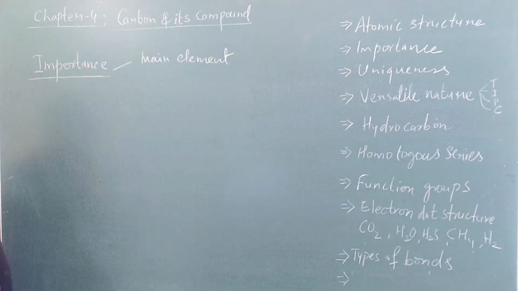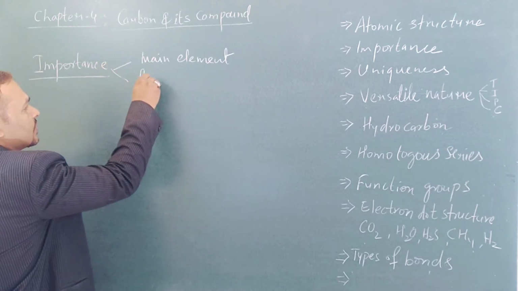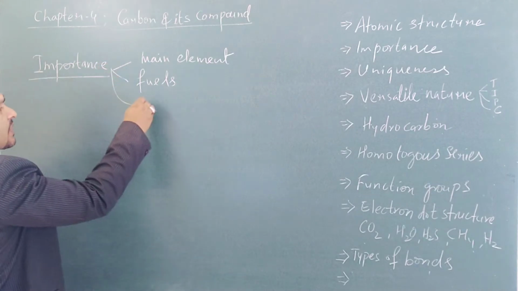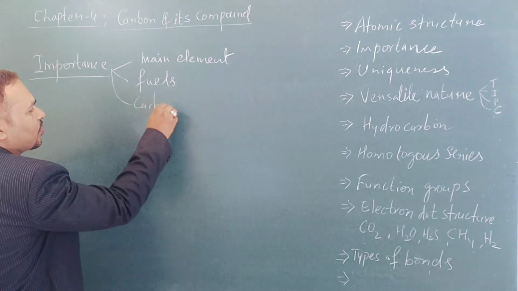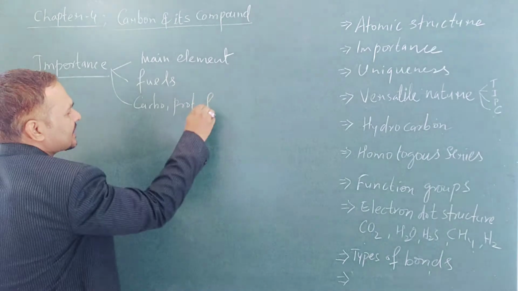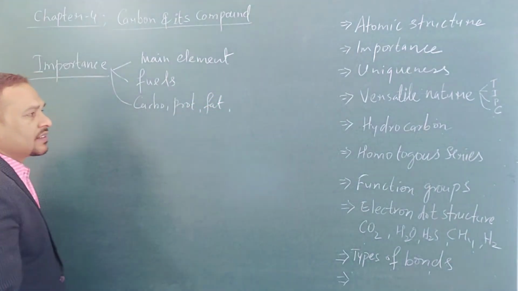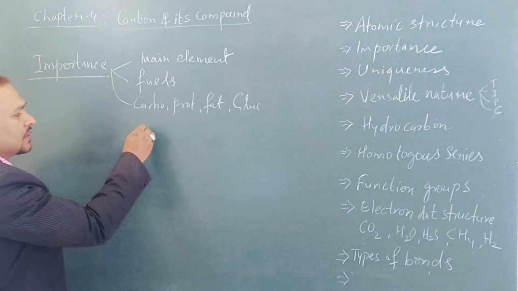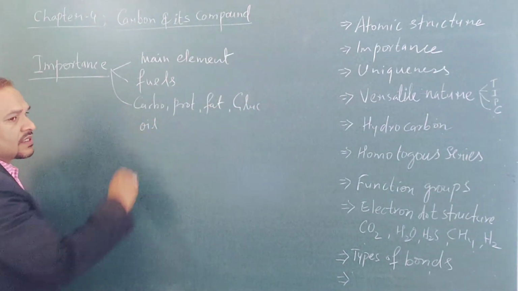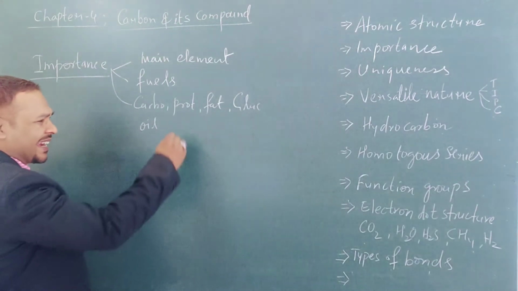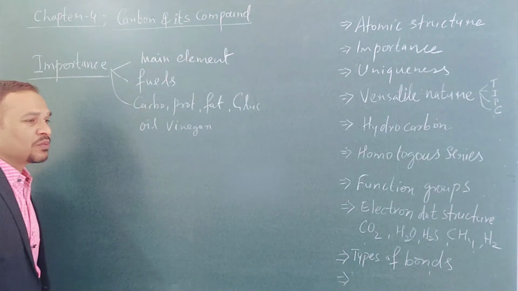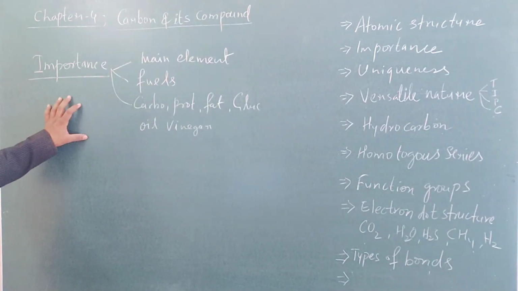Next thing is, most of the fuels, they all contain carbon. Most of the compounds like carbohydrates, proteins, fat, glucose, oils and vinegar, they all contain carbon in some form. So that is why it is a very important element, right?